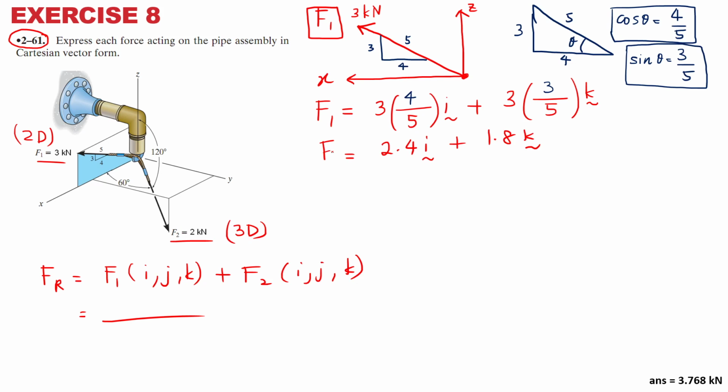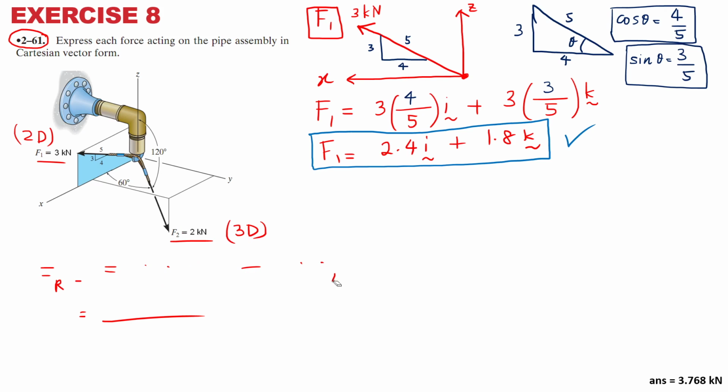This is F1 in vector format. So this one is very important. Rectangle all the things you're going to use again. So this is F1. Now let's continue and do F2.